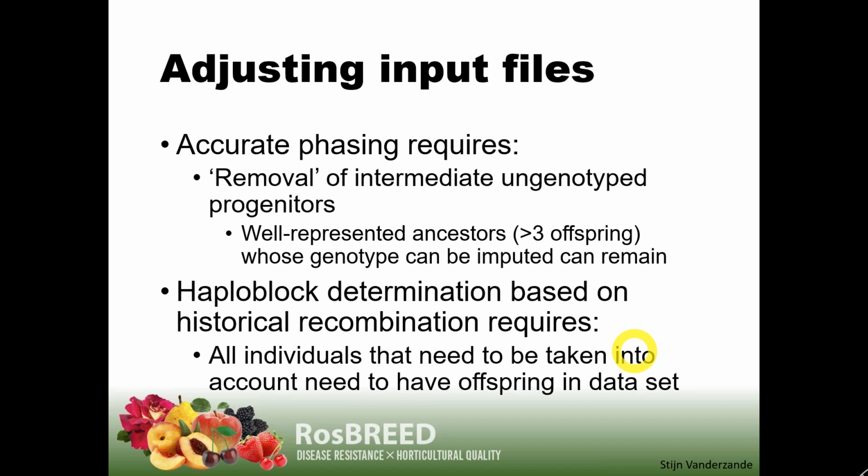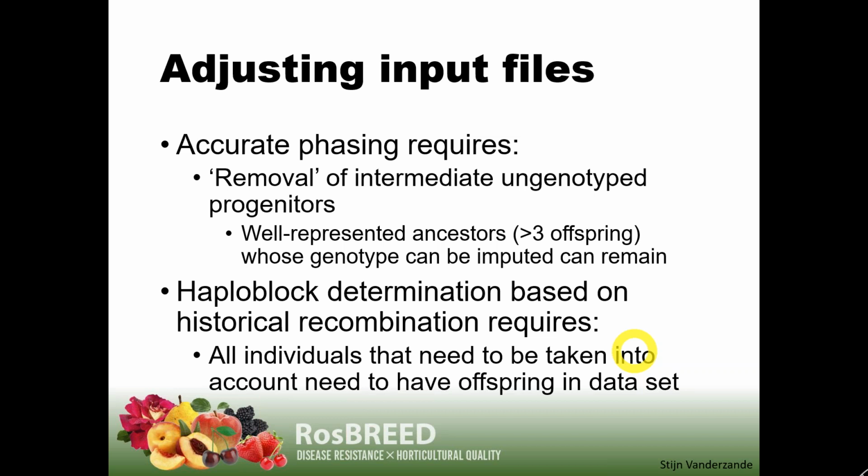On the other hand, when we're doing phasing and we don't have genetic data for these individuals, and they are not represented well enough, then determining the haploblocks might become an issue. So any intermediate ungenotyped progenitor needs to be removed from our data set. We're not going to actually remove it.